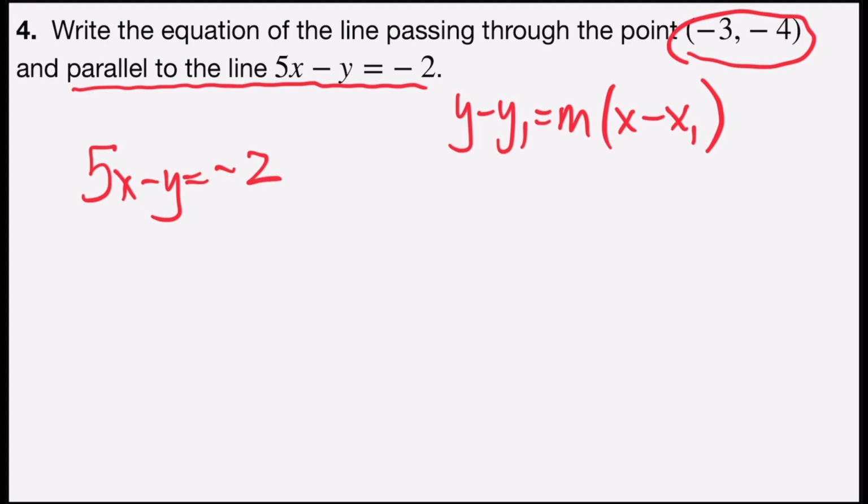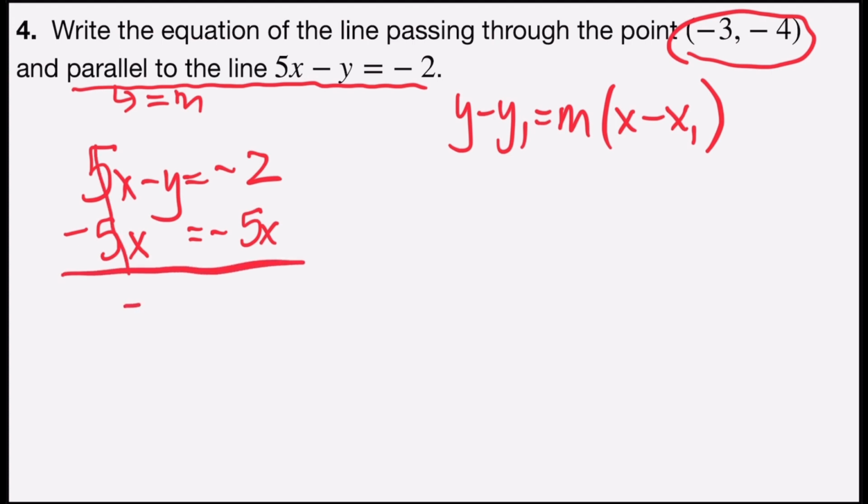We know that parallel lines have equal slope, and so I have to transform the equation by subtracting 5x from both sides. 5x minus 5x is 0. 0 minus y is -y equals -5x minus 2.